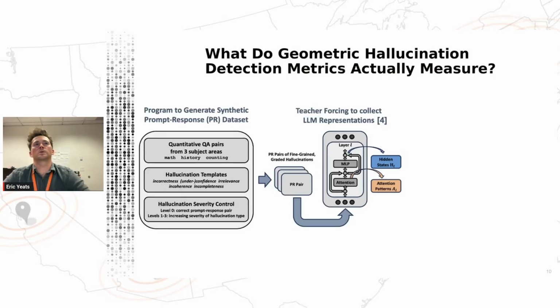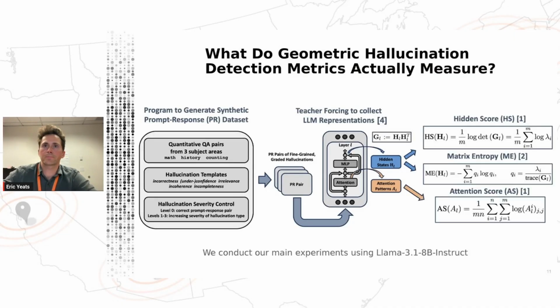If you're familiar with the field and have worked with representation engineering, it's similar to that technique as well. So when we have these prompt response pairs, we've gathered the hidden states and the attention patterns from them. We can compute our geometric statistics, or the hallucination detection metrics. That's the other way that we refer to them in this work.